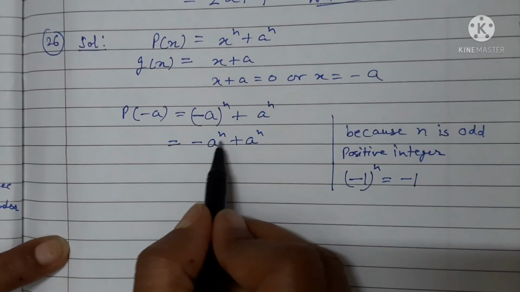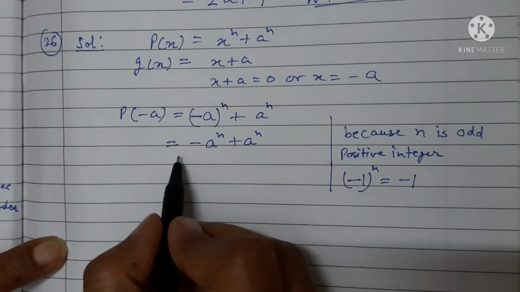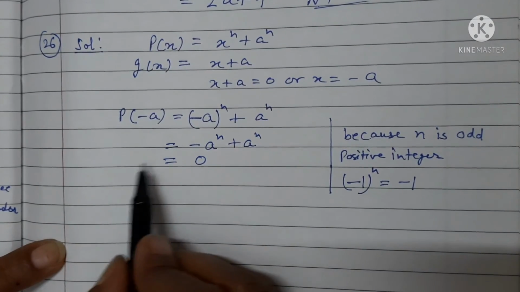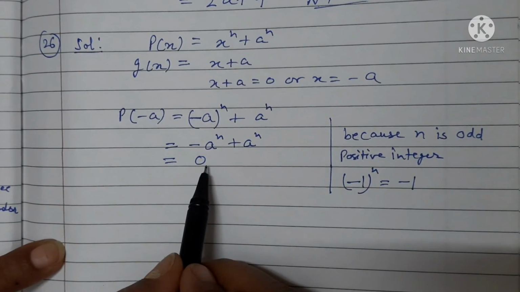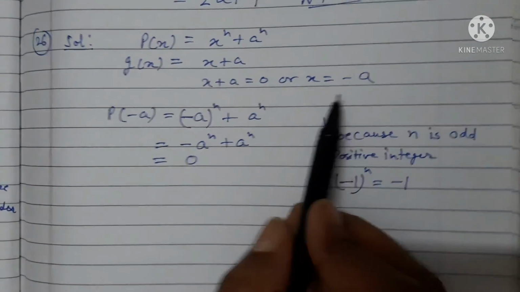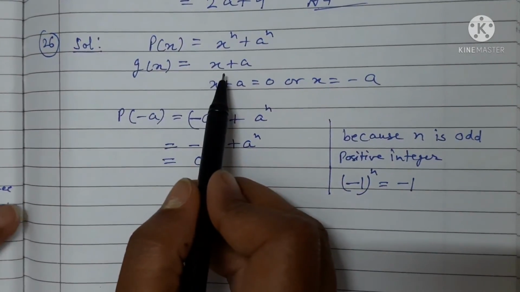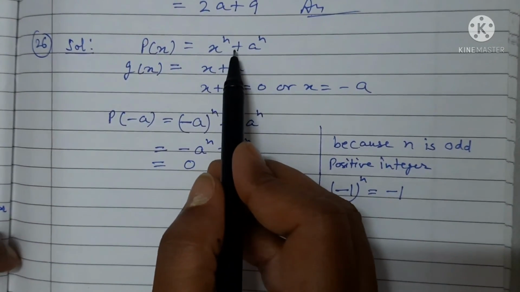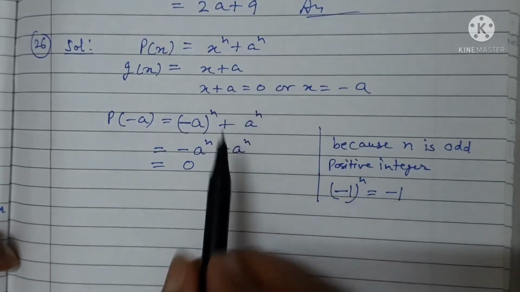So here minus a to the power of n plus a to the power of n cancel out, you will get 0. So the remainder is 0 at the value x is equal to minus a. It means gx is a factor of the given polynomial x to the power of n plus a to the power of n.